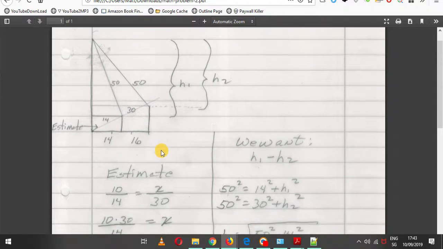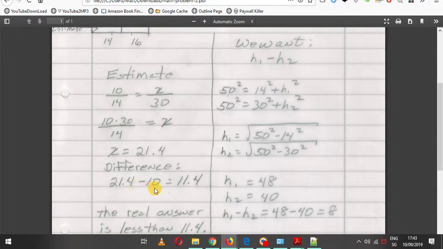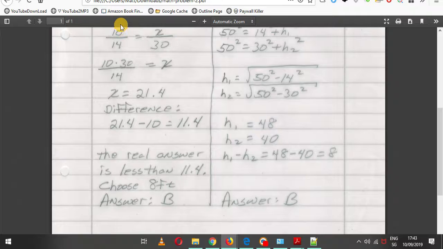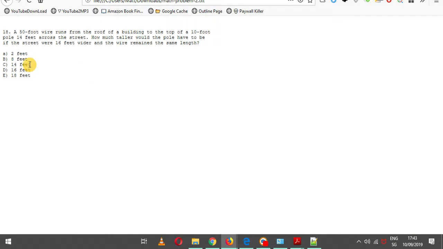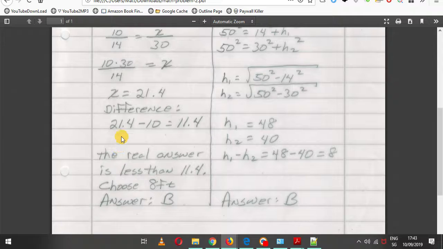This difference. So 21.4 minus 10 gives us 11.4. And that puts us right in between B and C. B is the correct answer, but that got us close. So if you had to guess, you could narrow it down to 2 using that method. That is a rough method.